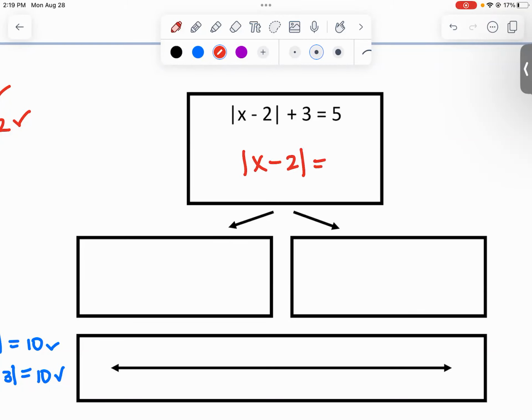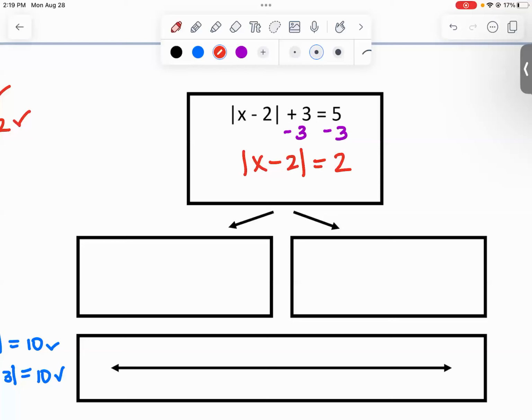I got 4. Okay, did you first rewrite this to be the absolute value of x minus 2 equals 2? Make sure that you subtract that 3 over first.